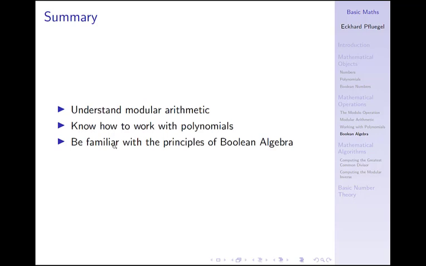So let me just summarize now this part of the lecture for the mathematical operations. We have introduced modular arithmetic. We have looked at integer arithmetic first of all. We have then defined the modulo function, and we have seen that if you combine both, then you achieve something quite interesting, which is called modular arithmetic. We've studied some basic properties.